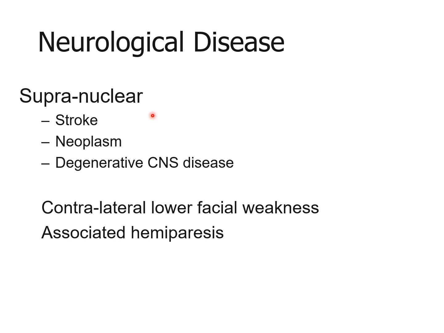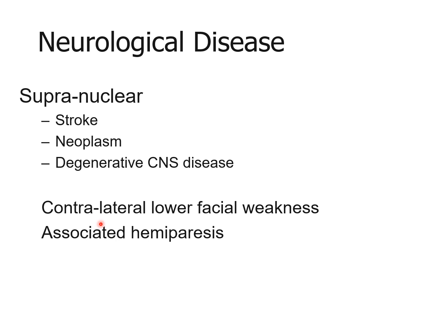Central lesions are termed supranuclear if the site of damage in the brain is above the location of the facial nerve nuclei, the motor nucleus of the facial nerve, and the causes of supranuclear lesions involve stroke, neoplasms, degenerative central nervous system disease, and supranuclear lesions manifest as contralateral paralysis of the lower face.